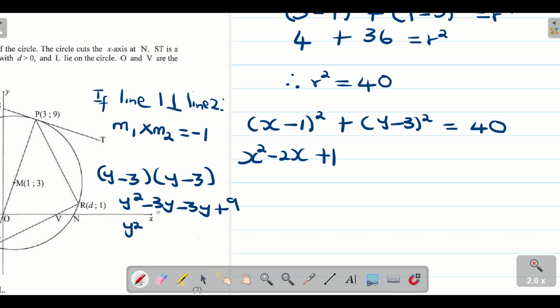We add the like terms, we have minus 3y and minus 3y. Because the sign is the same, we add 3 plus 3 will give us 6. Because it's y, it'll give us 6y, and then we take their sign, which is a negative, plus 9. So this can be simplified to be y squared minus 6y plus 9, and then we can bring this 40 this side, it'll be negative 40 equals 0.